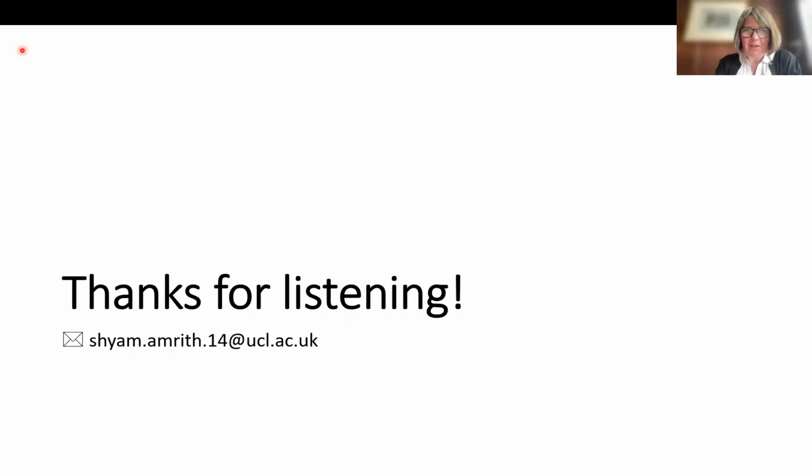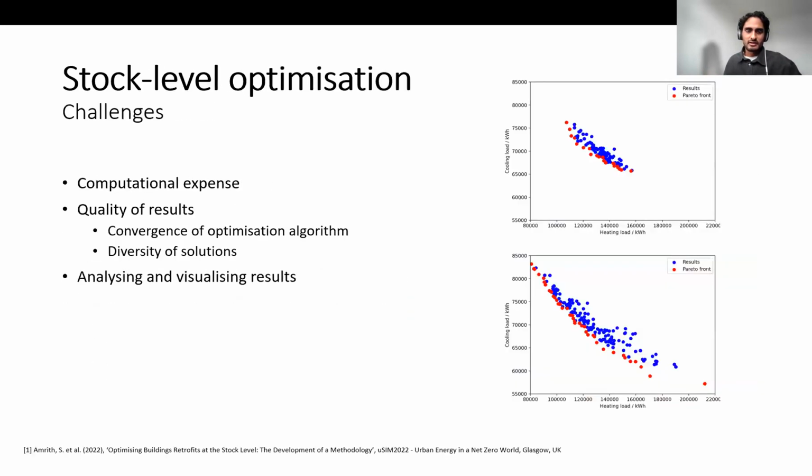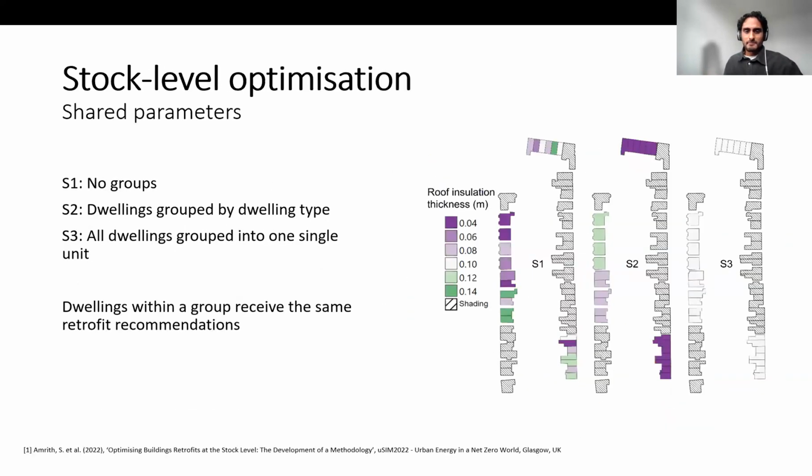The next question is how do you determine the grouping of homes for optimization in the method that you've been talking about? Yeah, sure. So the grouping is determined by the problem at hand, and there's no predefined grouping that has to be used. In the example I gave, if I go back to that slide, here I've grouped by dwelling type.